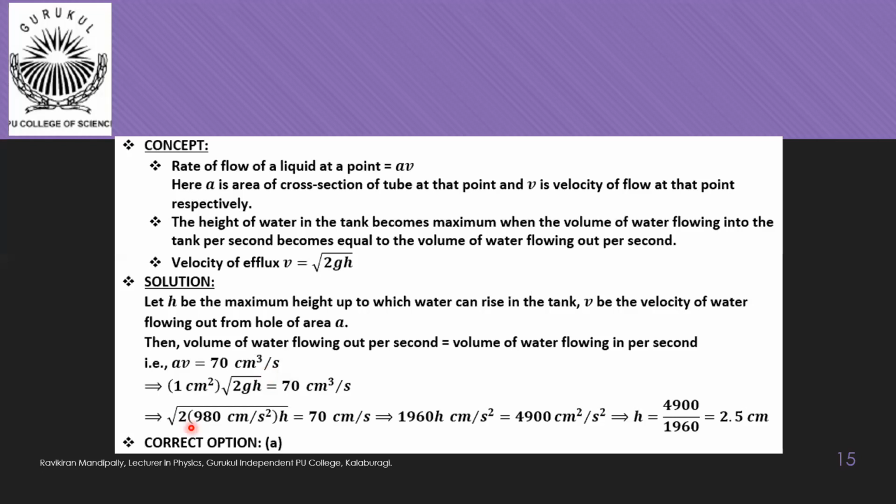So we got root of 2 into 980 centimeters per second square into h is equal to 70 centimeter per second. Squaring on either sides, we get 1960 h centimeter per second square is equal to 4900 centimeter square per second square. Then we wanted h, that is given by h is equal to 4900 divided by 1960, which gives 2.5 centimeter. The correct option would be option A.